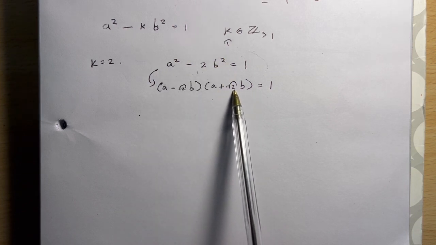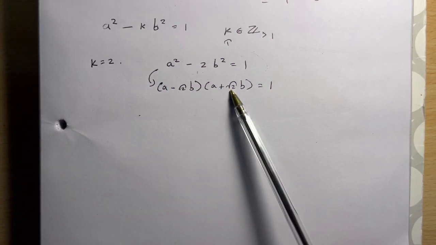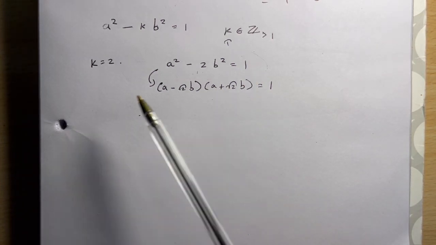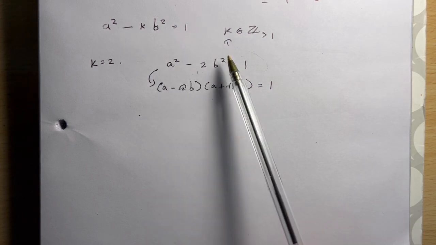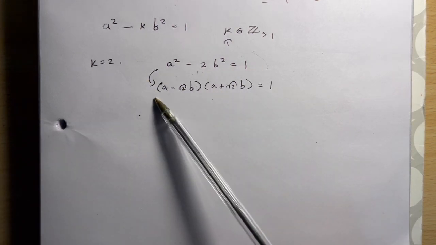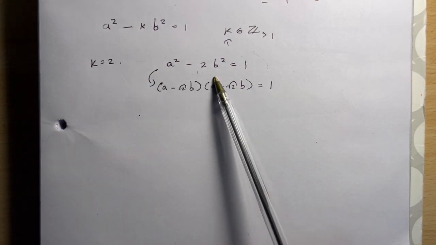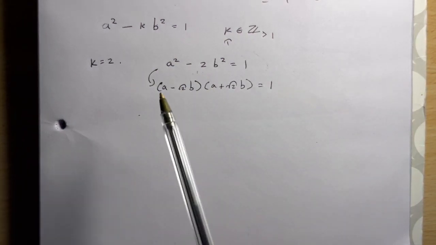Since there is no number that we can multiply the square root of 2 by to get a rational, it is not possible to factorize this into a product of 2 rational polynomials of degree 1. Anyway, that's enough about that.